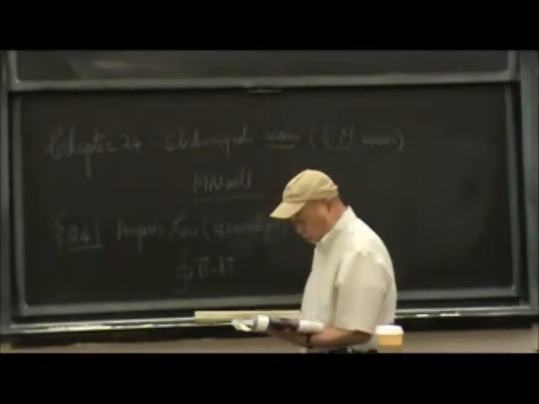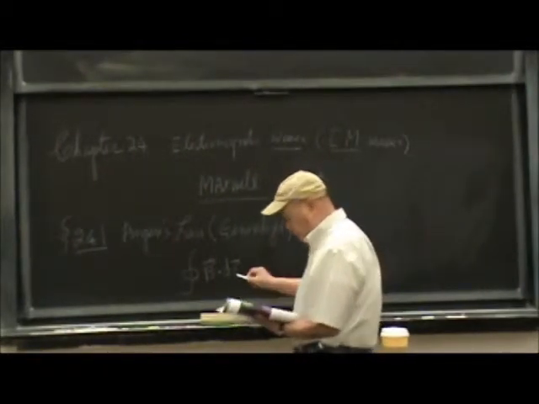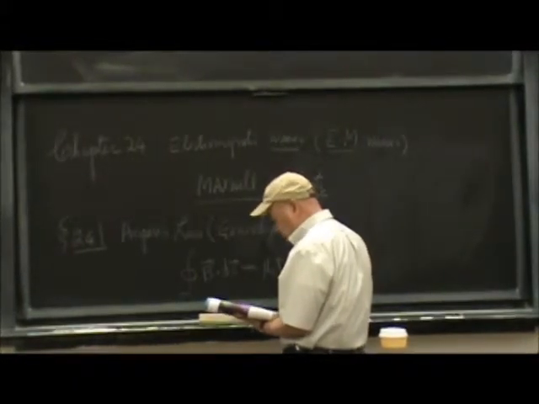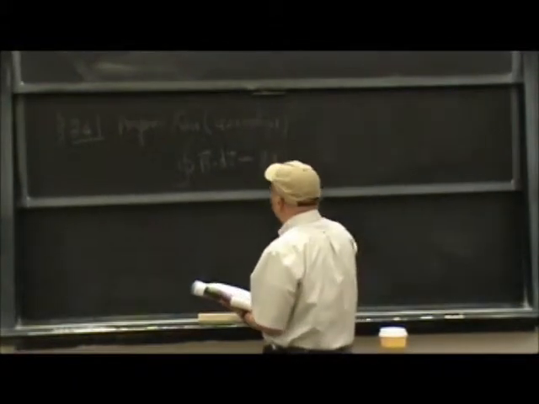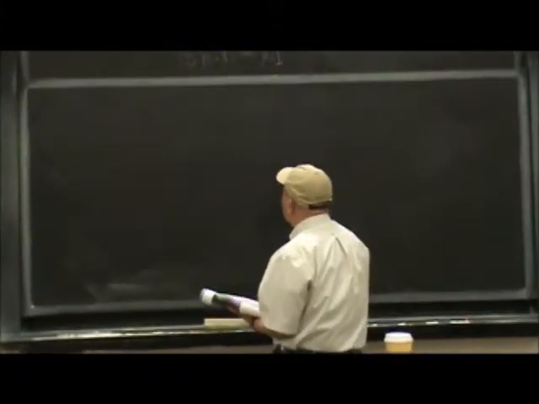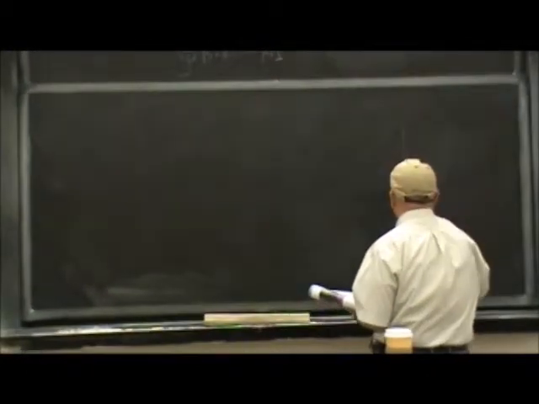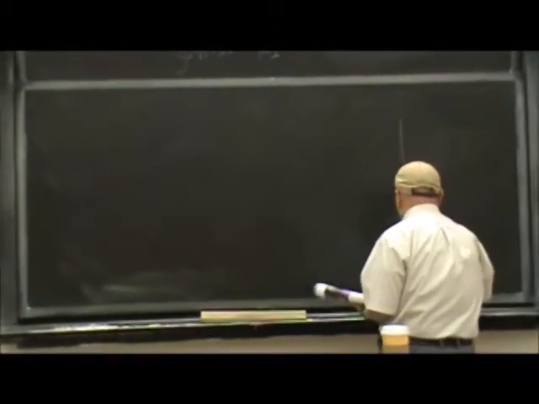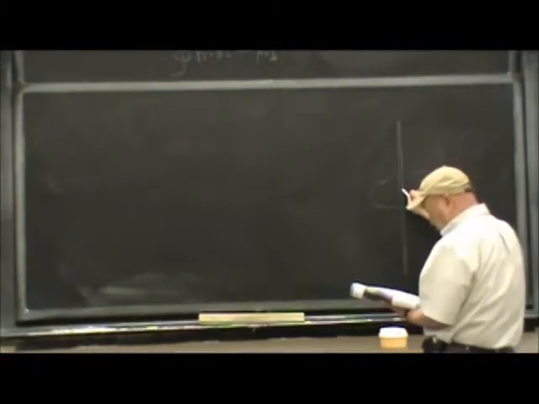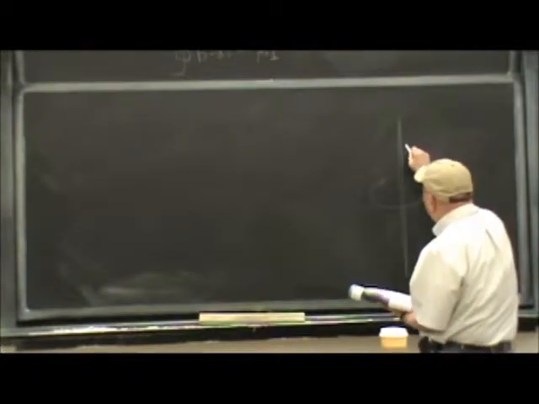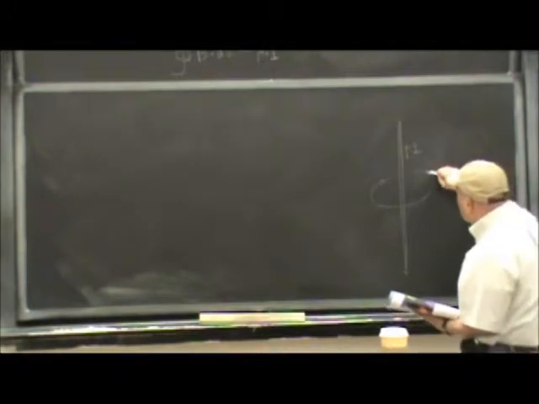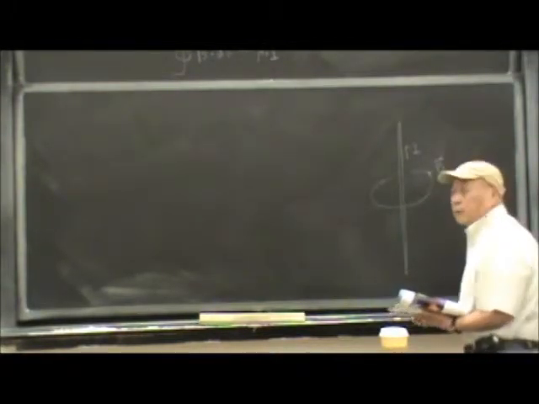The line integral of the magnetic field around a closed path is equal to mu sub 0 I. There's a current going through, and the closed path around it. The current goes out, and the magnetic field goes this way.